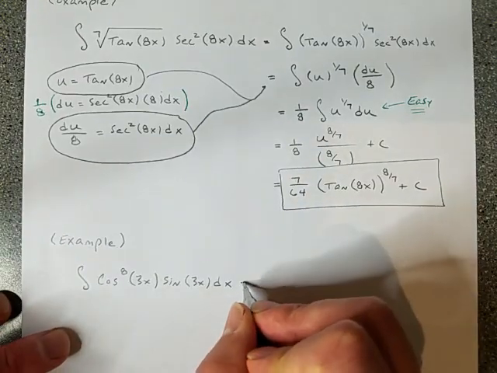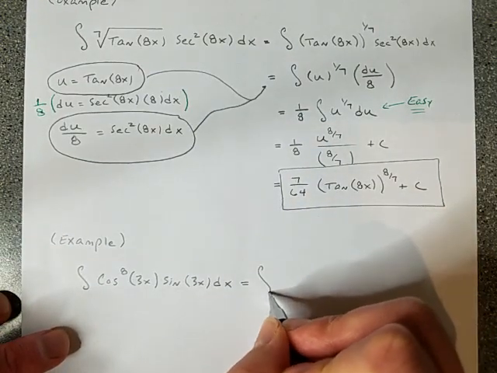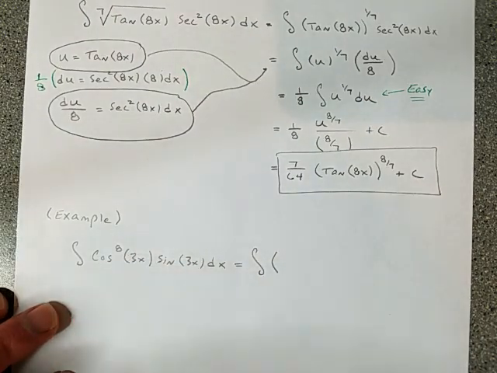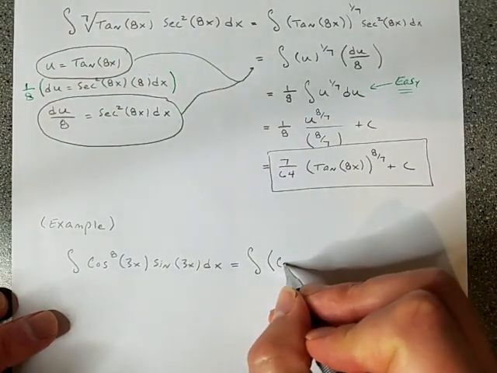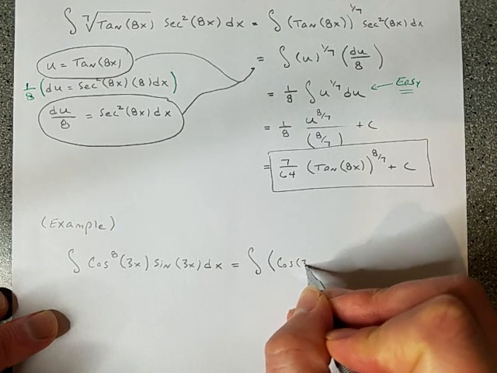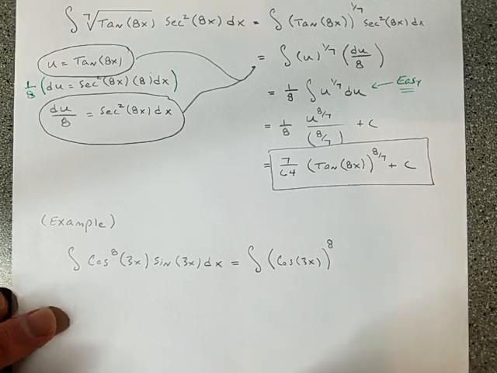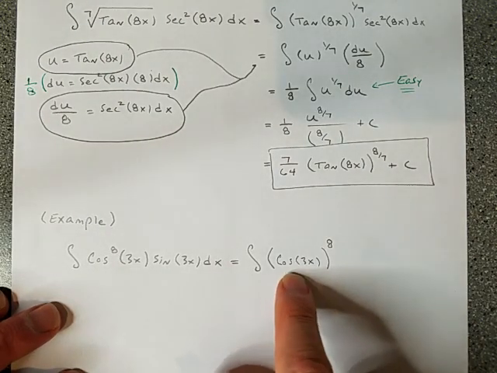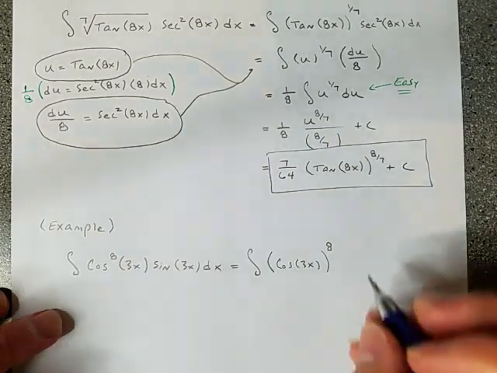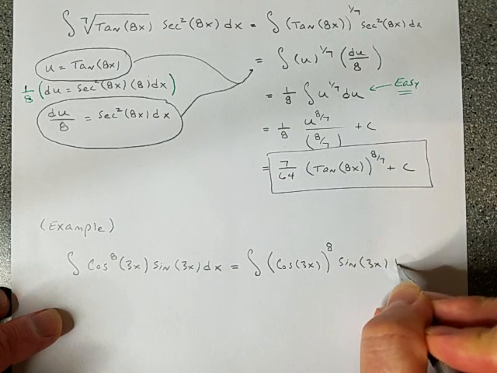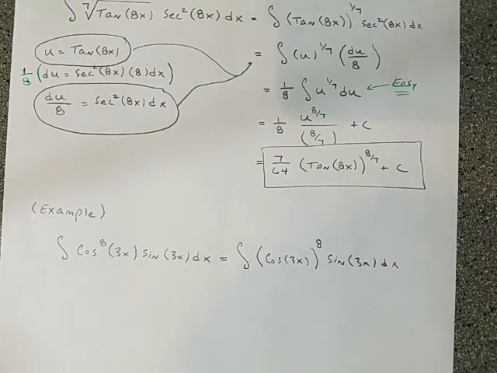Now, nonetheless, I think here's how we want to look at it. Okay, with all explaining aside, let's look at, first of all, I'll emphasize something about that. Cosine to the 8th power means that we're going to take cosine of 3x and take that number, whatever it is, to the 8th power. If I write it this way, I think it emphasizes that a little bit more. And then sine 3x dx. Okay, so let's look at it like that.